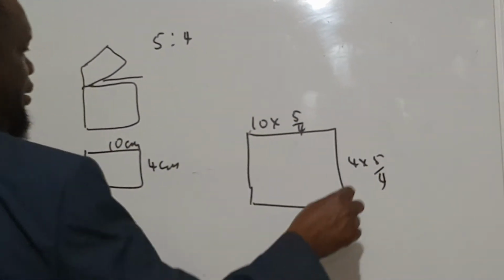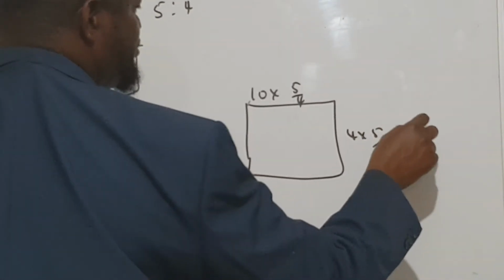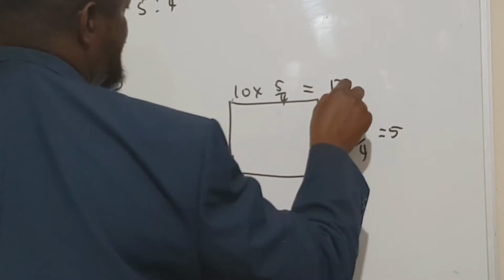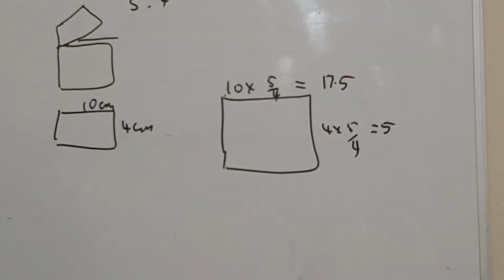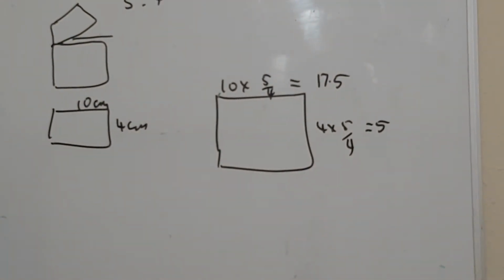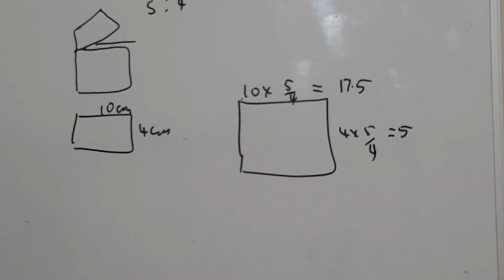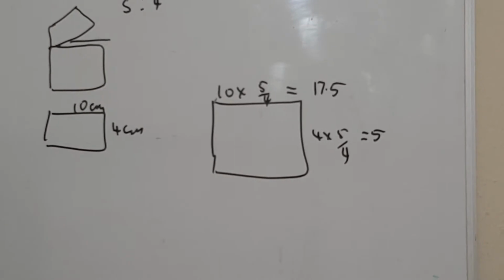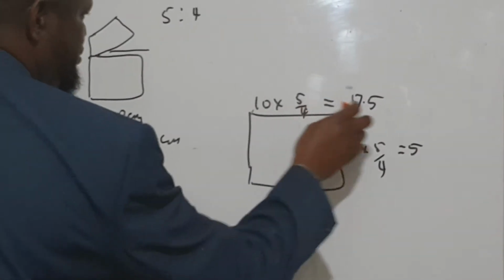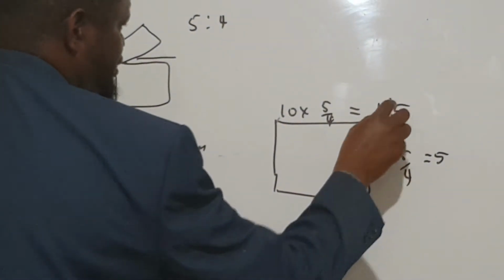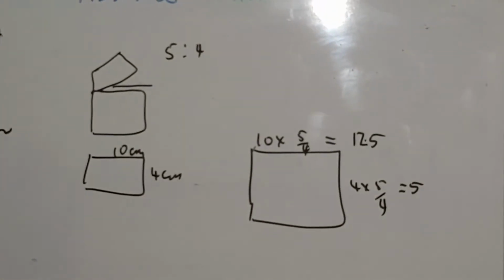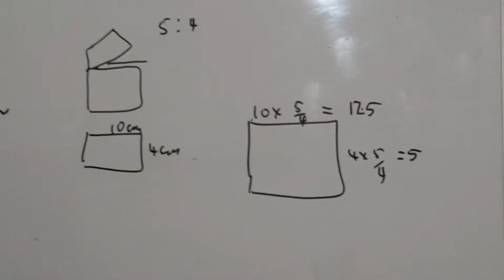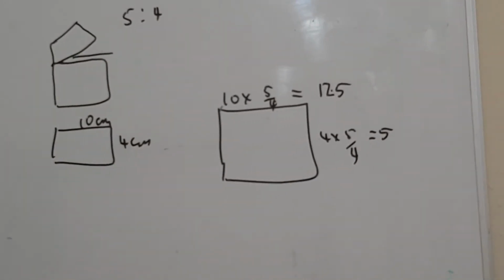So the 10 side will turn into 12.5, and that one is 5. Yes, that's right. It's 12.5, that's why my instinct was telling me something was wrong there. So that is the question.